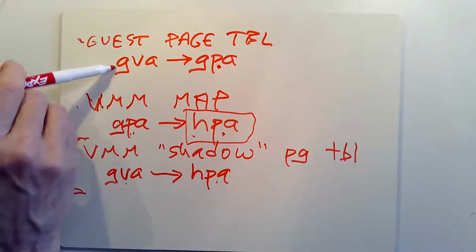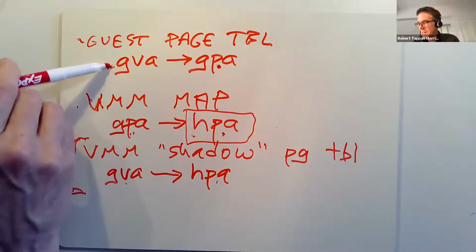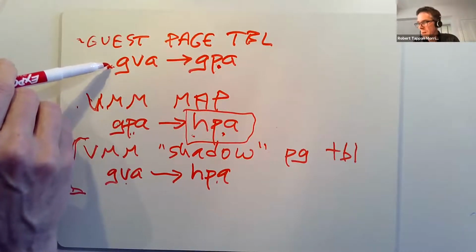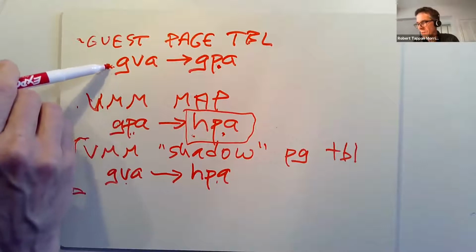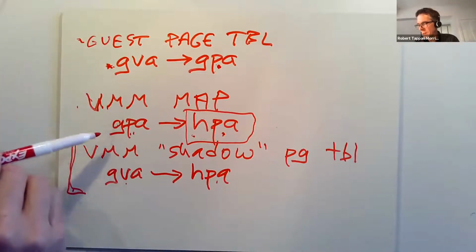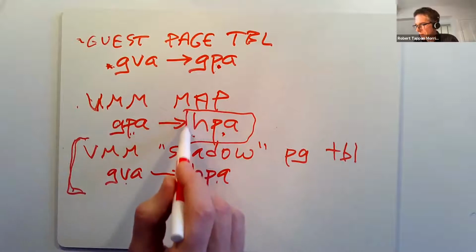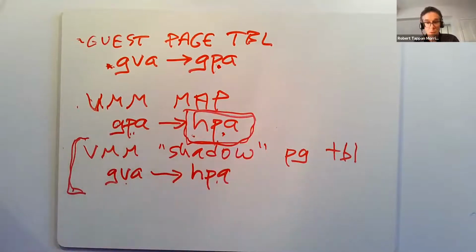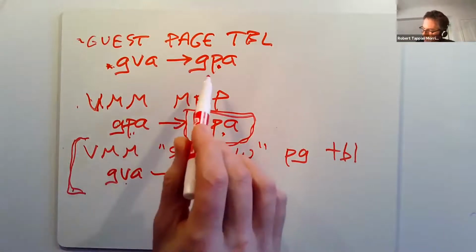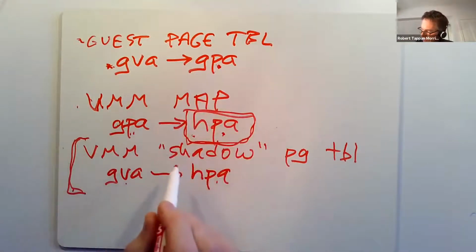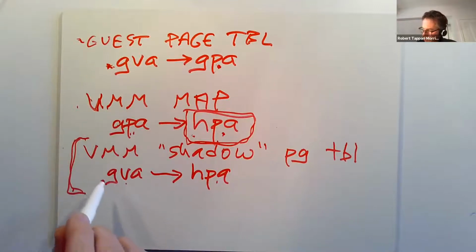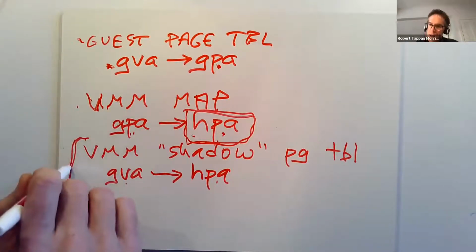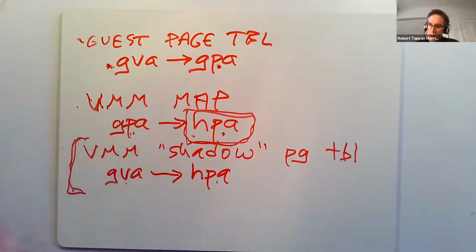It looks at all the PTEs in the guest's page table and translates the physical address in each guest page table entry through this map to get a real physical address, or to cause a real fault if the guest is trying to use a physical address that it's not allowed to. Then the virtual machine monitor installs this shadow page table in the real SATP and returns back to the guest. Oh, okay, I see. Thank you.